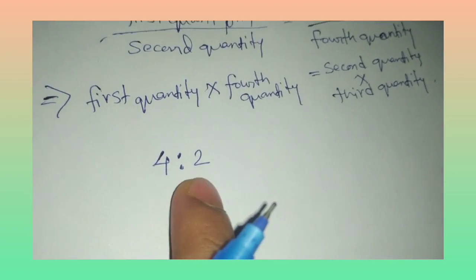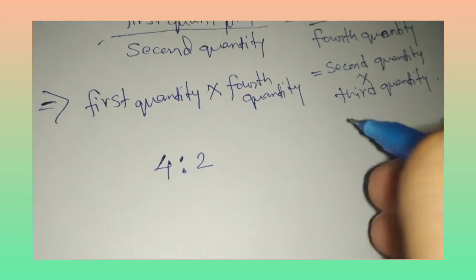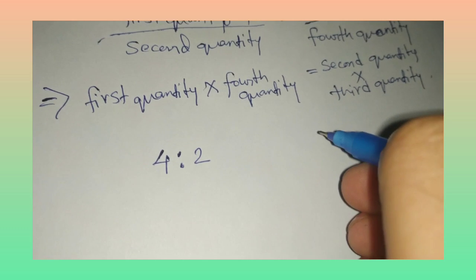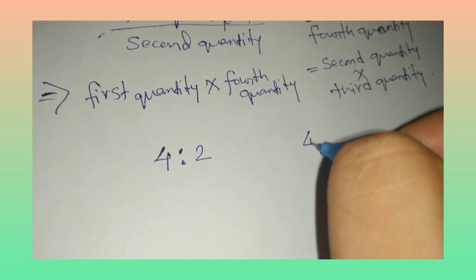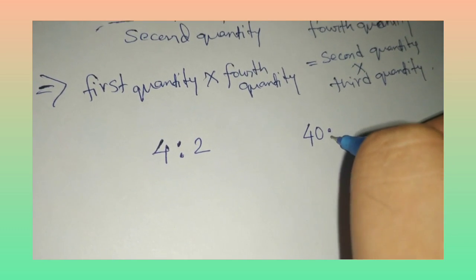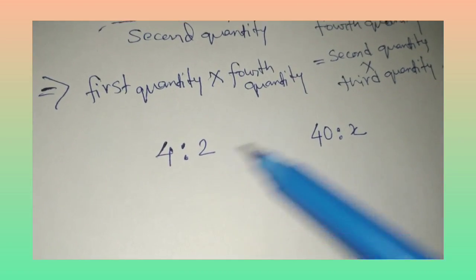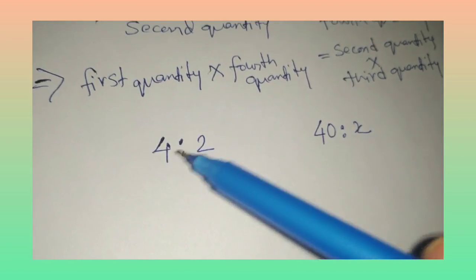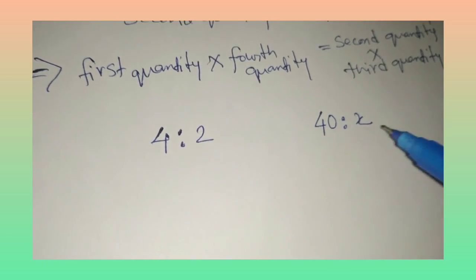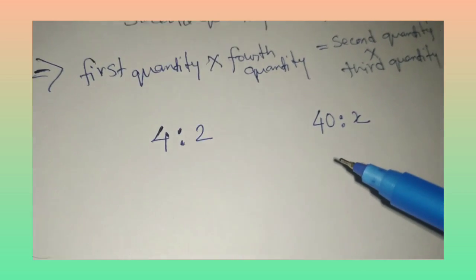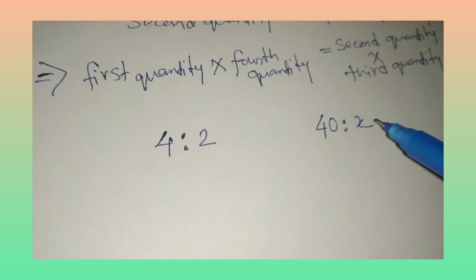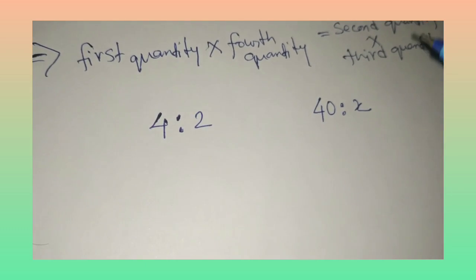Okay, this is a ratio. And in another case, let's say I'm writing 40 is to x. So I have two different scenarios, but I'm saying that both these ratios are proportional. So I'm asking you to determine x.